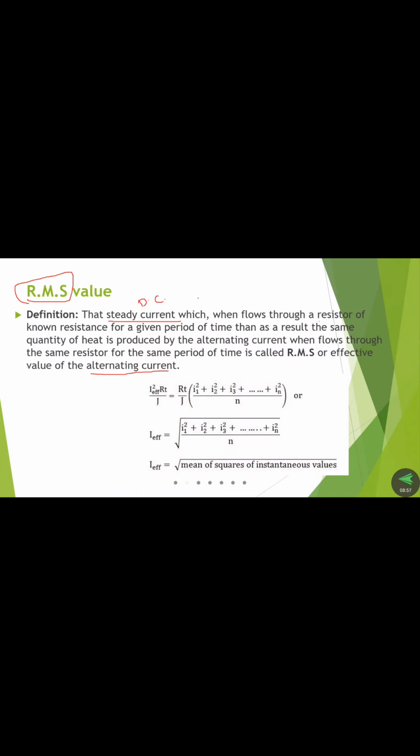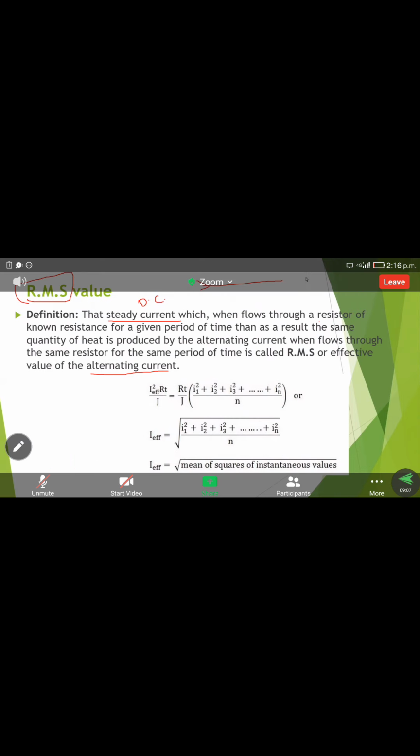For example, we take a conductor. First we connect it to the DC. It flows through the conductor and produces a temperature of 2 degrees. Just imagine, when we connect a DC source to the wire and the DC current flows through the conductor, the temperature produced is 2 degrees.